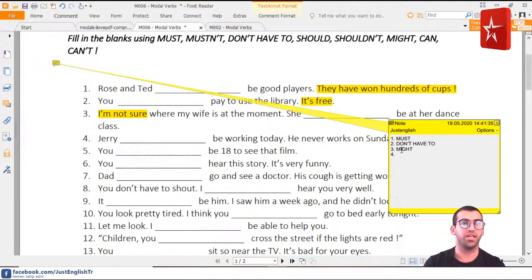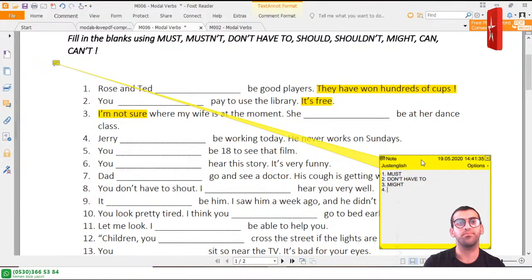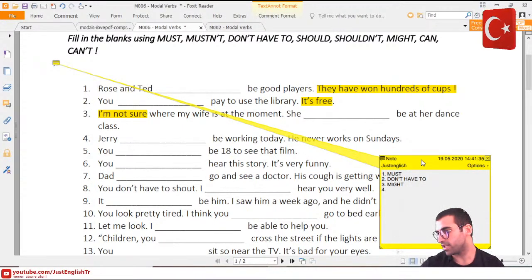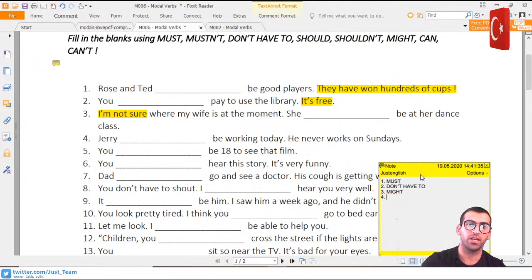Number 4. Jerry, blah blah blah, be working today. He never works on Sundays. I don't know which modal verb I should use. For number 4, can't, they say. Why can't? Because he never works on Sundays.